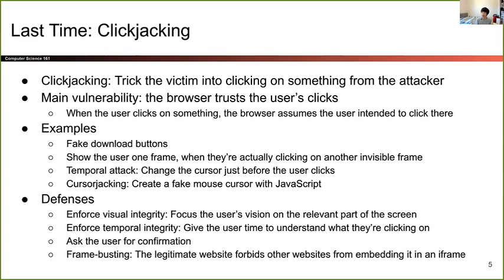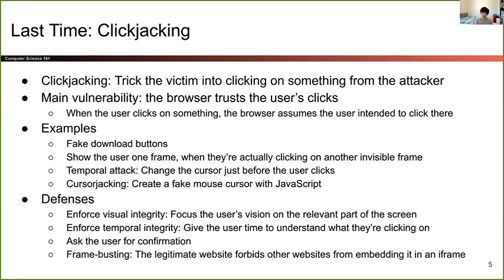We also went into UI attacks a little bit. Clickjacking is when you trick the victim into clicking on something that's from the attacker when they meant to click on something else. The browser tends to assume that the user knows what they're doing, so we can exploit this trusted path between the user and the browser.